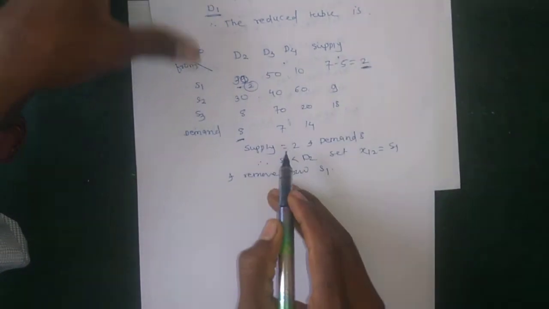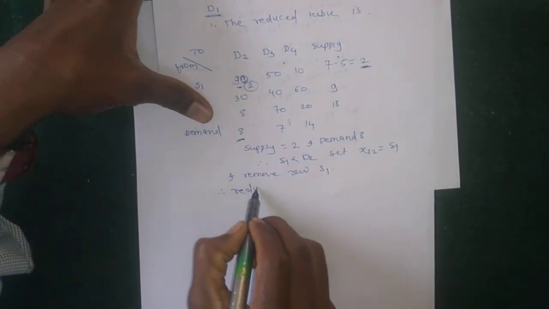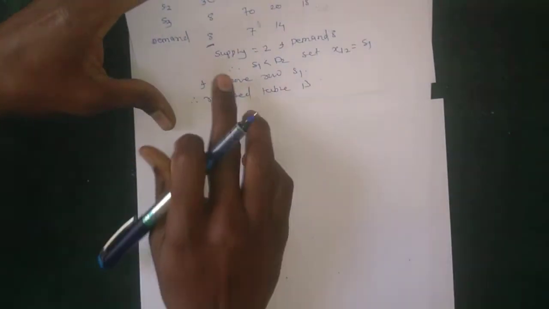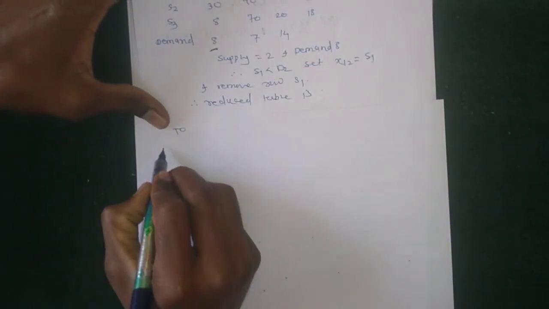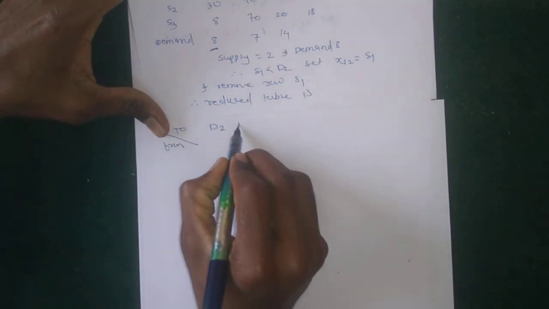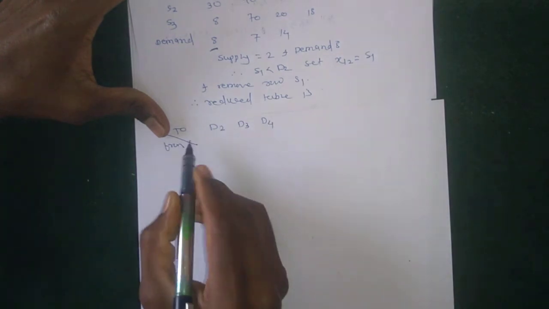Therefore the reduced table is: D2, D3 and D4 as they are.